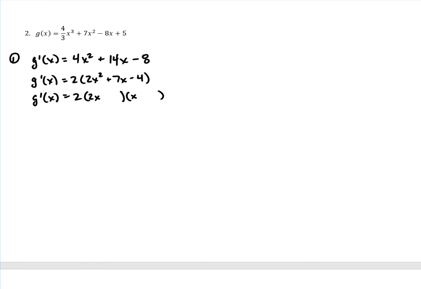And then I'm just thinking, well, what times what is negative 4? Well, let's try this. I think it's going to be a positive 4 over here and a minus 1 right here. And that's my guess, so I need to check. Well, 2x times x is 2x squared. 2x times positive 4 is positive 8x, but minus 1x is positive 7x, and then negative 1 times 4 is negative 4. So it does work.